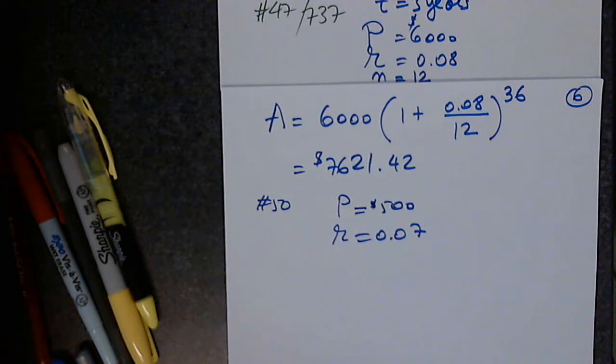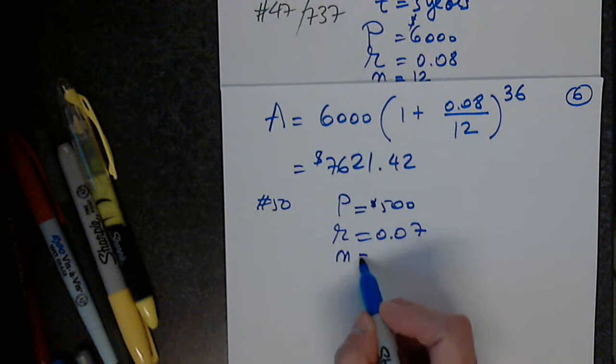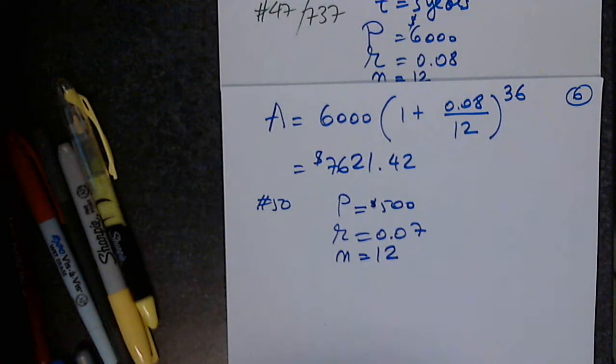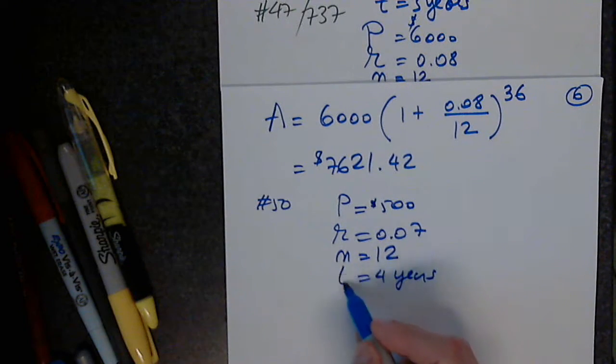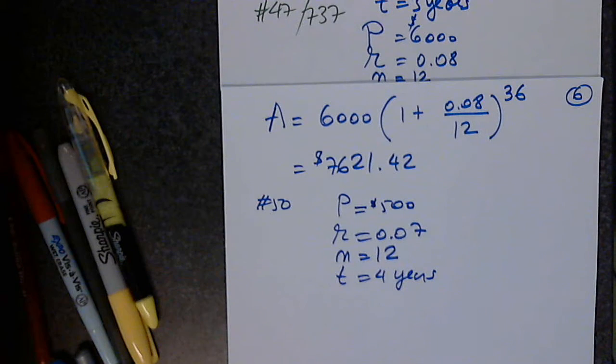Compounded monthly equals 12 for 4 years. What does 4 years mean? Good. So please calculate the amount that we will get if we deposit $500 today at 7% compounded monthly for 4 years. How much will we make?